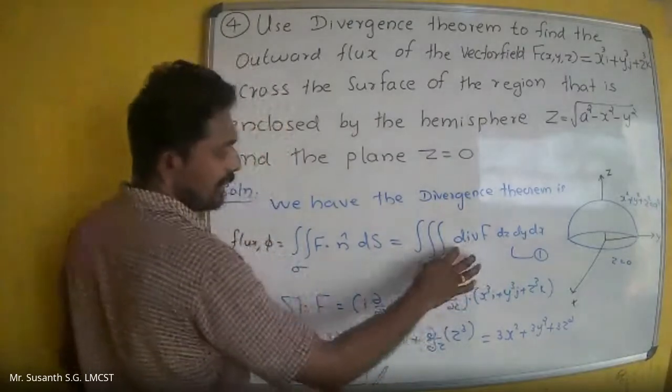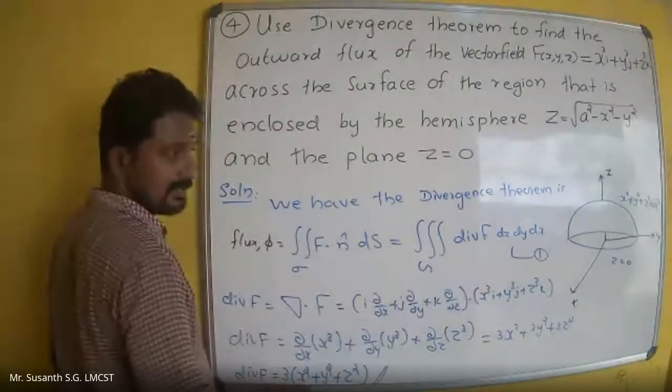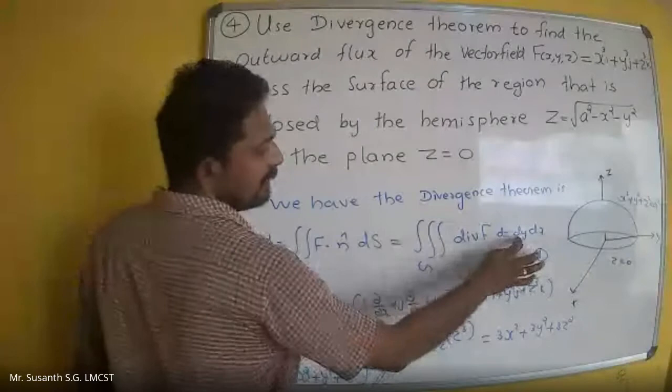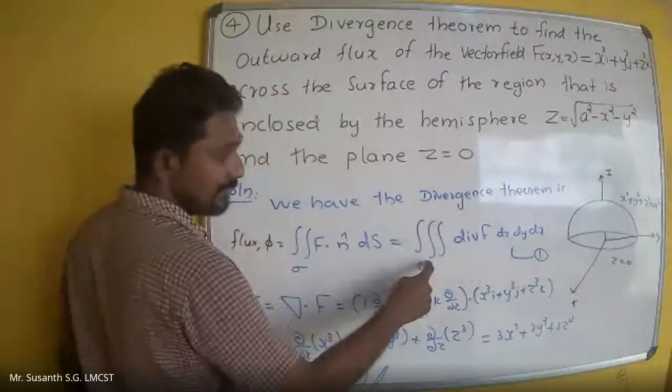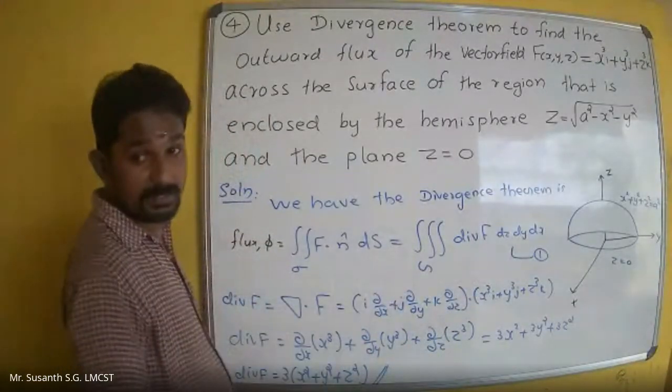Here we substitute div F first, then integrate with respect to z, then y, and then x.